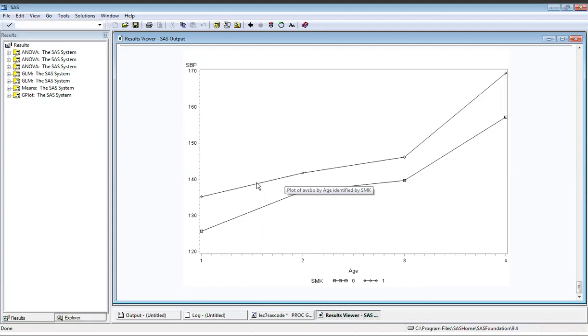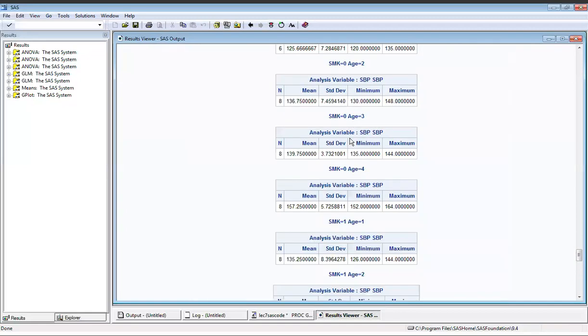The upper one is smoking status equal to 1, which is the diamond, and this is for the smokers, and the square is for non-smokers, and you can see them almost parallel. We do see a very strong effect of age group on the SBP, but there's no interaction because you see the two lines defined by smoking status are parallel.